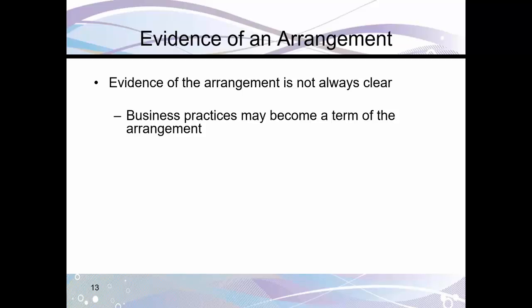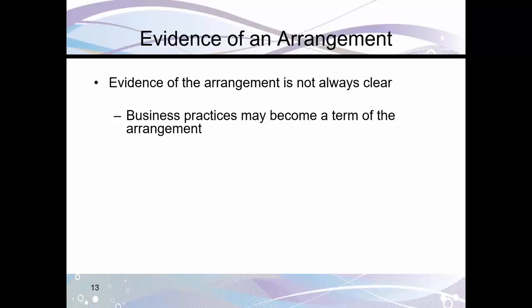So if there's a contract that doesn't have anything about refunds in it, but on the company's website it says satisfaction 100% guaranteed, return the product within 30 days for a full refund, even though that wasn't part of the written contract between the vendor and the customer, it would be part of the evidence of the arrangement and therefore would need to be considered when we take the steps to recognize the revenue.